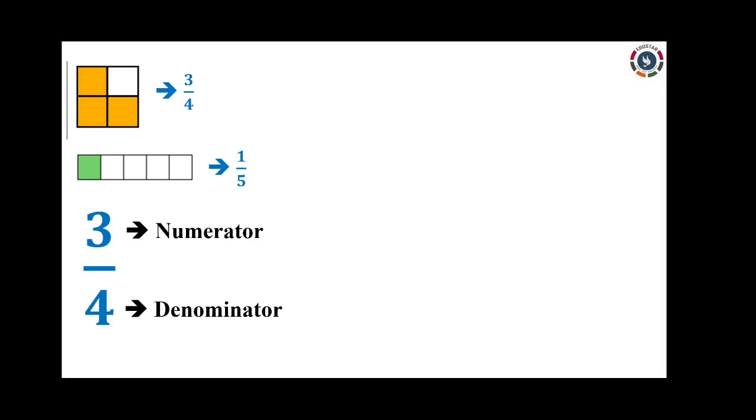The denominator is the total number of equal parts. Numerator is how many parts are used or colored or shaded. I hope students, now you are all clear about what is a fraction.